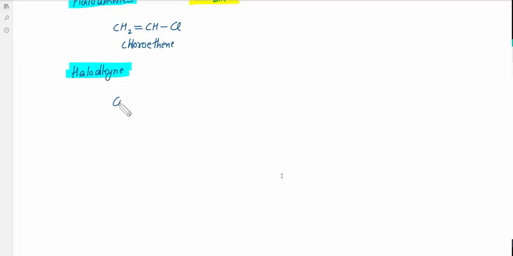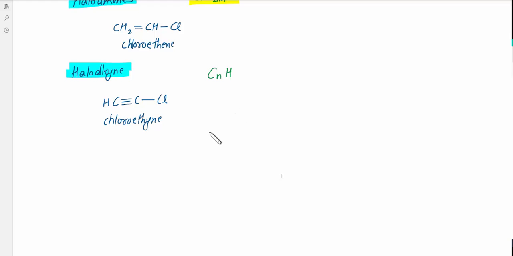So suppose this is the simplest alkyne, right? HC triple bond CH, and here there was H, so remove that and instead add this Cl. So this is our haloalkyne, right? The name for this will be chloroethyne, because this is a derivative of ethyne.